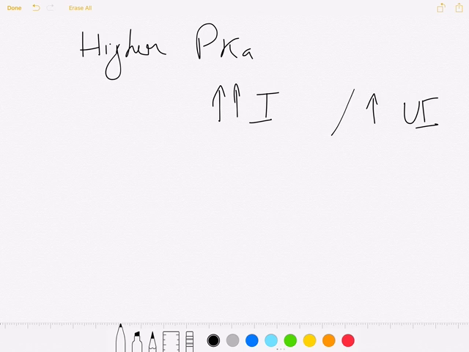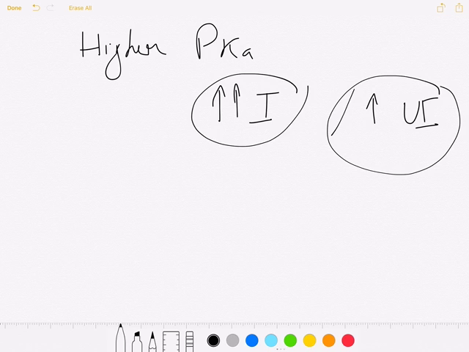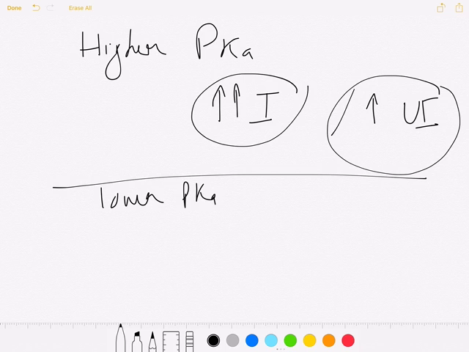If it's a weak acid, it turns around the other way. So for weak bases, higher pKa means higher ionized fraction, and lower pKa means less ionized, higher unionized fraction. That's only for weak bases.